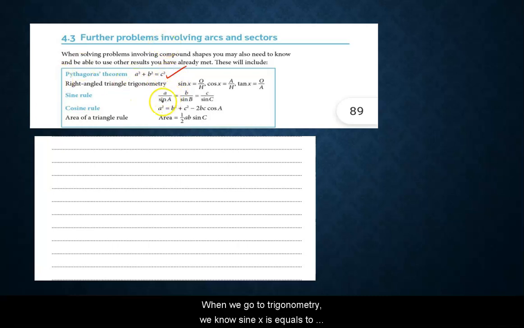When we go to trigonometry, we know sine x is opposite over hypotenuse, cos x is adjacent over hypotenuse, and tan x is opposite over adjacent. And we are going to apply all this.